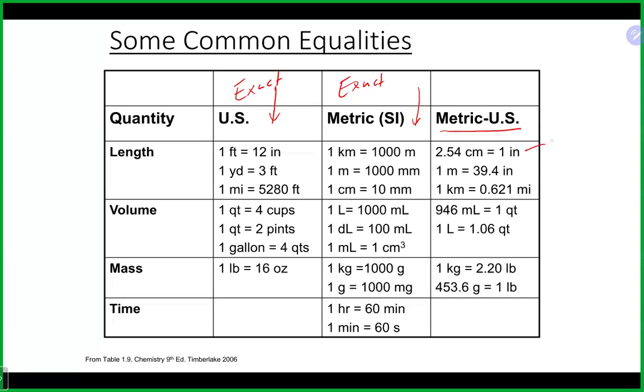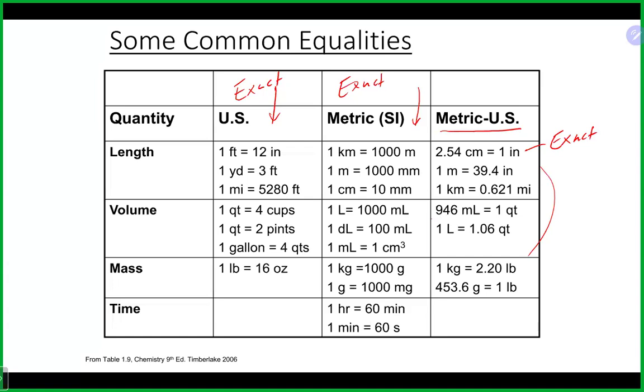This guy here is probably the main one. This is considered an exact conversion. Even though it is crossing over metric to English, 1 inch is exactly 2.54 centimeters. So that's considered exact. But really anything else that you would pull from this column, if you use it as a conversion factor, you would have to take into account its significant figures.